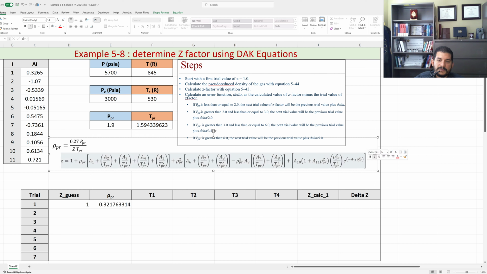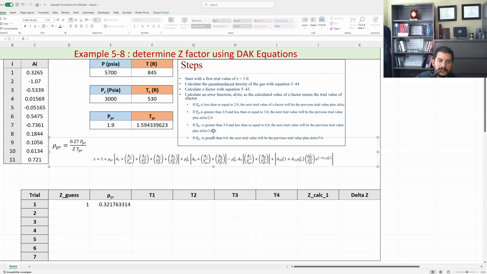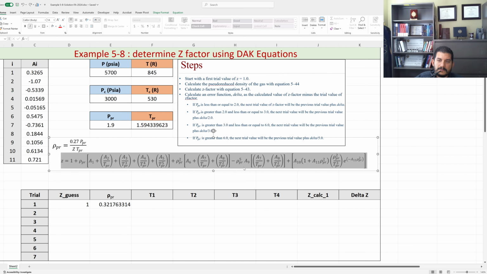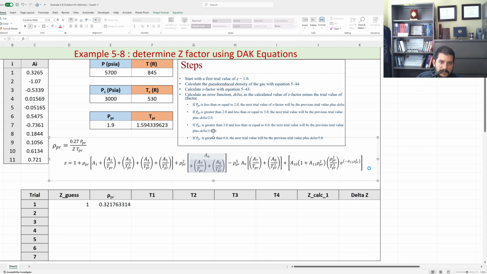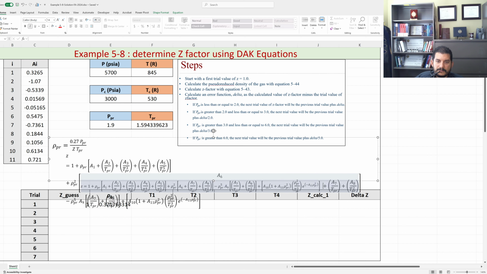So I can even update the equation here if I want to copy it, and then add it below, and the other one.